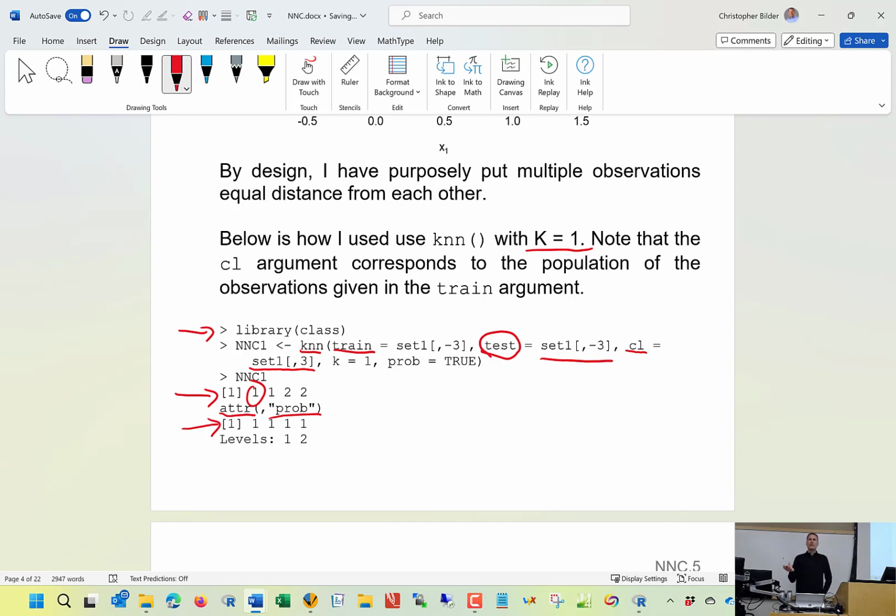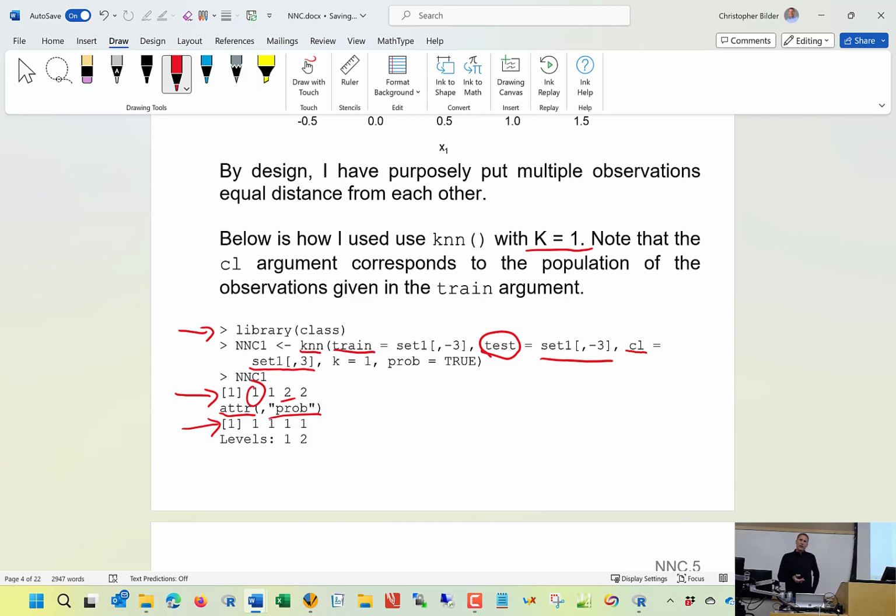So if I'm using one nearest neighbor, and since I'm using the nearest neighbor, I include the actual observation itself, then I have 1 over 1, or 1 is the probability. Let's look at this one here, this 2. Notice its probability is 1 as well.